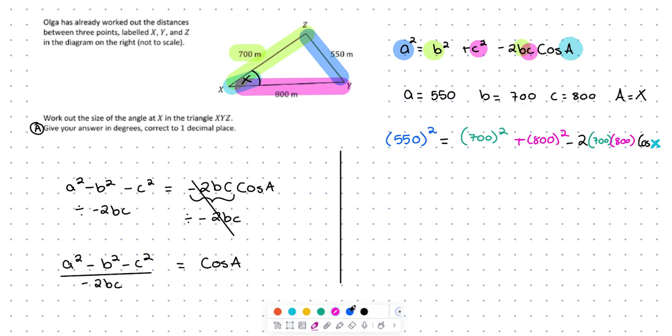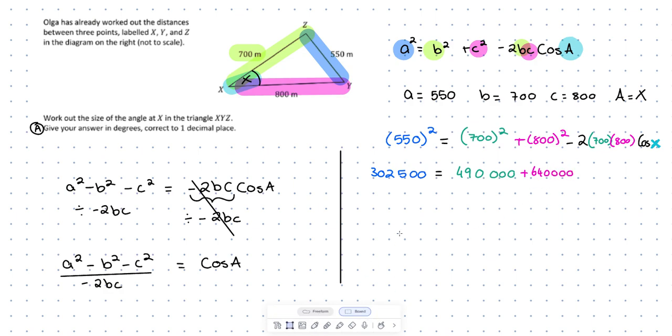Okay, so the next thing that we have to do is start tidying this up. So if I square this out, I'm going to get 302,500 on this side is equal to 700 squared, which is going to be 490,123. And then I'm going to have 800 squared, which is going to be plus 641,234.